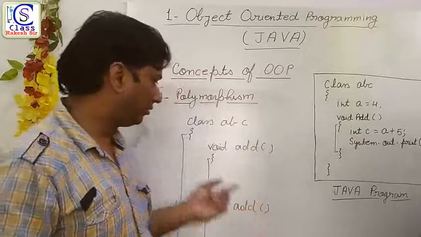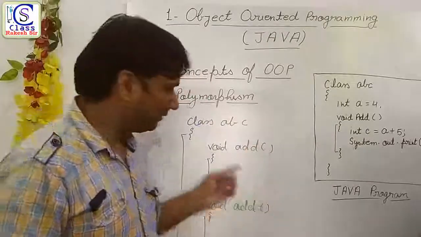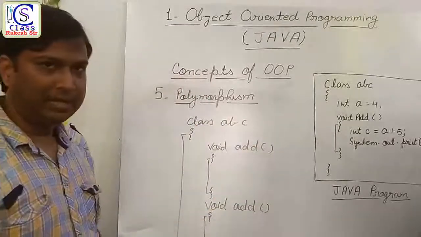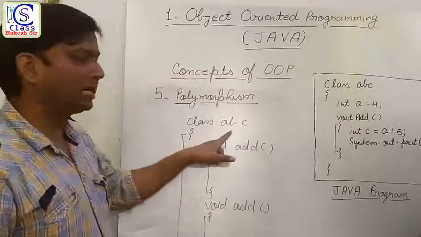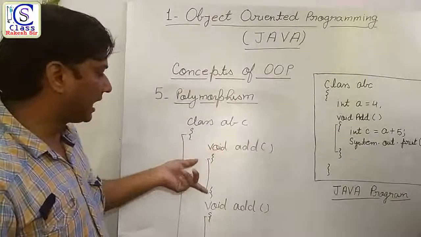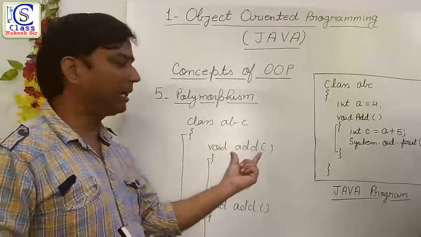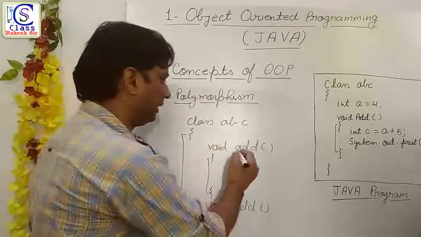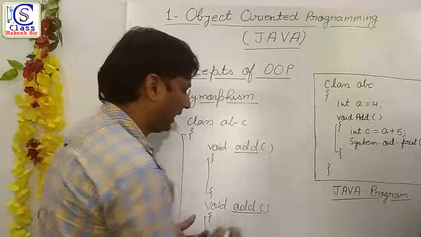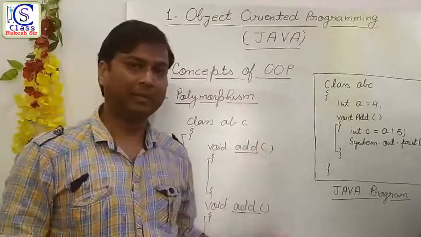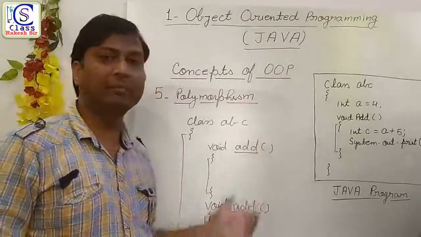But here I'm going to explain with the help of a Java program. Imagine that I have a class ABC, and inside the class I have two different groups, and both of the method names are add. The method name is the same, so we are using a same-name method.